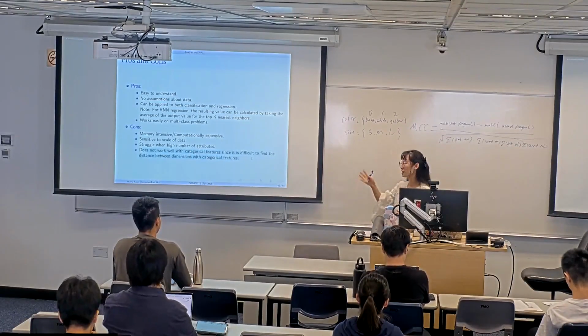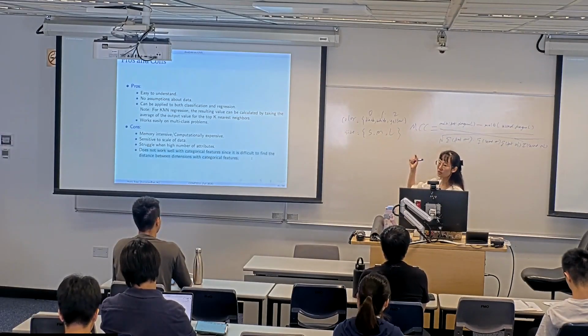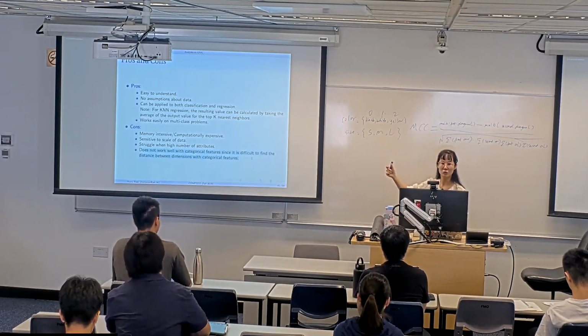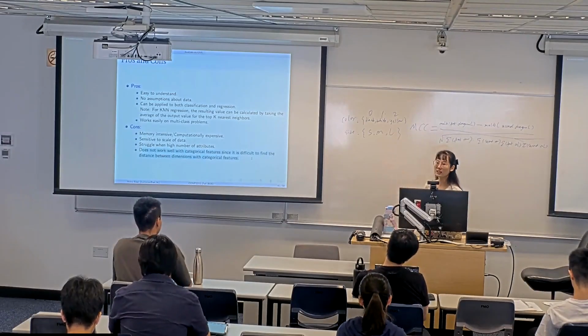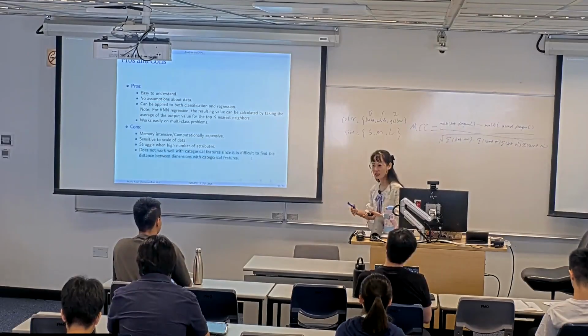If the features are categories and you just use integer indices to do the encoding, then the distance doesn't make sense. So KNN doesn't work very well with these categorical features.